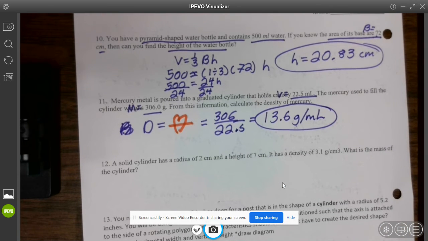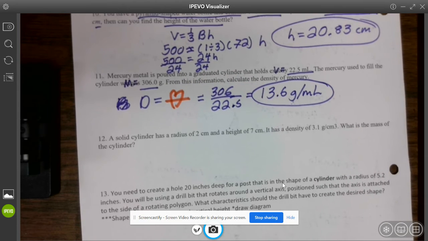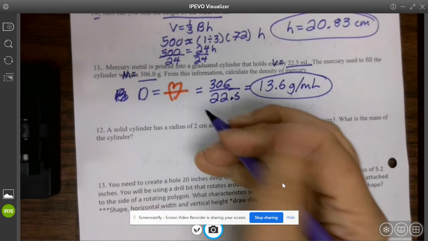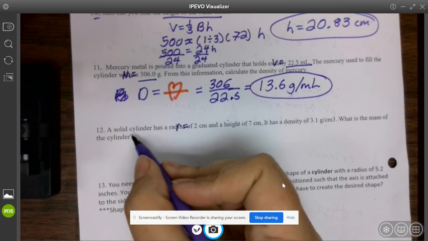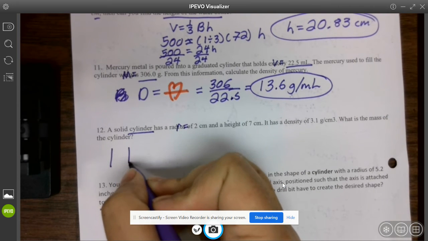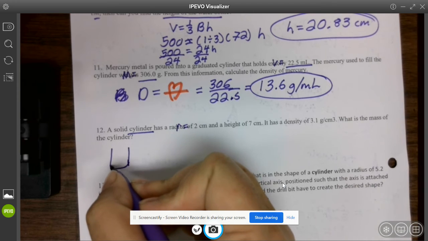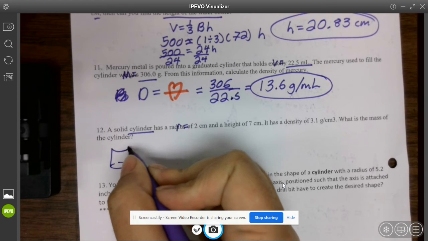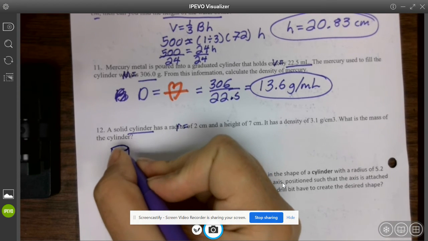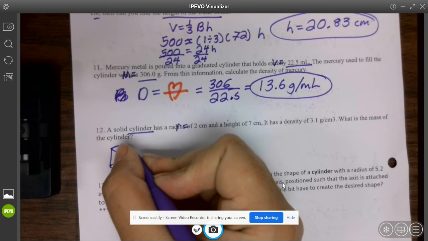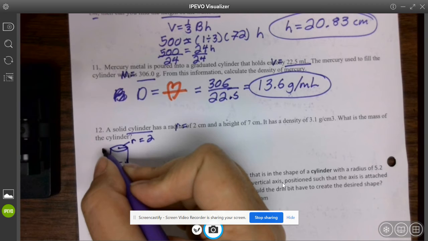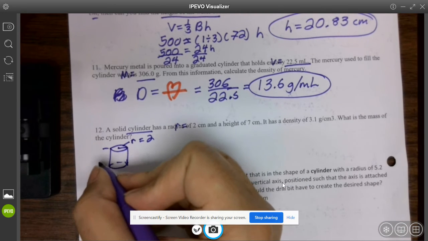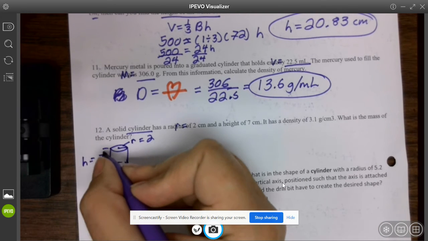Okay, so on this one it says a solid cylinder has a radius of 2. It's a cylinder. Radius of 2 and a height of 7. So that would be our height.